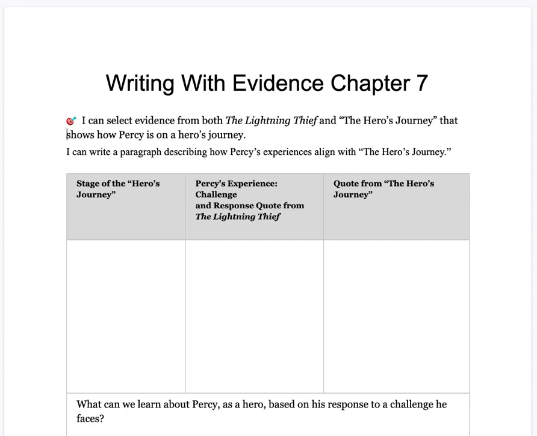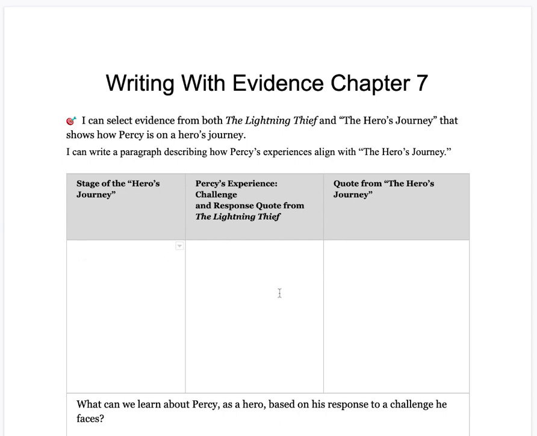So read through those 4 stages and then go back and reread pages 93 through 95 in The Lightning Thief. And I want you to choose one experience in The Lightning Thief and match it with a stage on the hero's journey. When you've decided that, you're going to write down the stage right here that you are focusing on. So one of those 4.